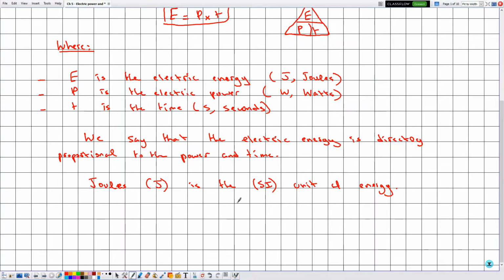Now, okay, another convenient unit of electric energy is kilowatts hour.